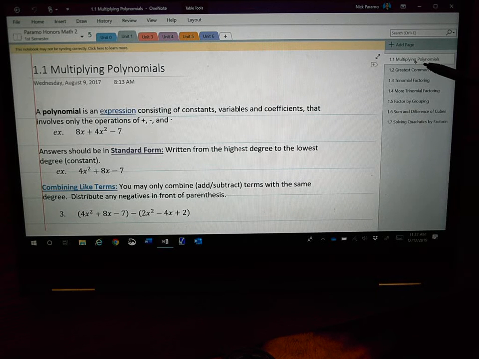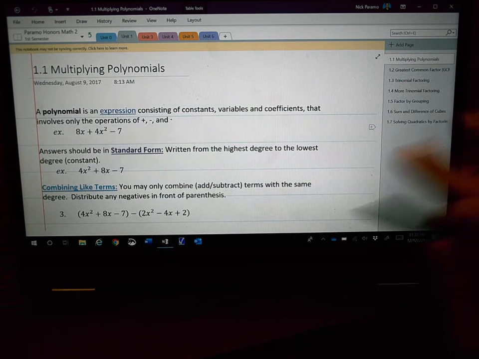There was one section dedicated to adding, subtracting, and multiplying polynomials. There were 5 methods of factoring, and then there was one section where you had to solve and use something called the zero product property to figure out what possible solutions were.